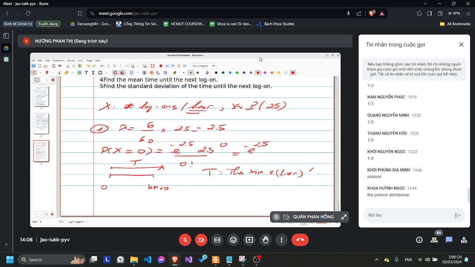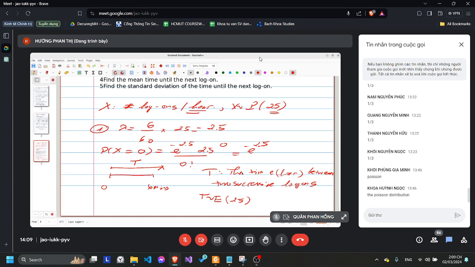The time between two successive lock-ons, from the first lock-on to the second, or the second to the third, is still the random variable T. And according to what we just learned, T follows an exponential distribution with lambda exactly equal to lambda in Poisson, which is 25.